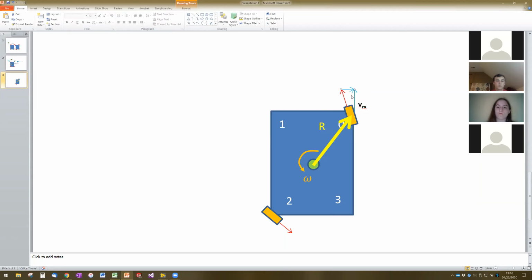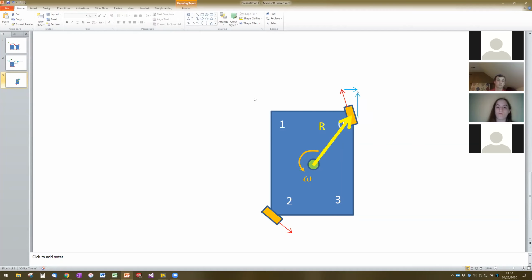If we determine it in terms of x and y components, it's a little bit easier for us to see what the perpendicular distance is between this one and this one.